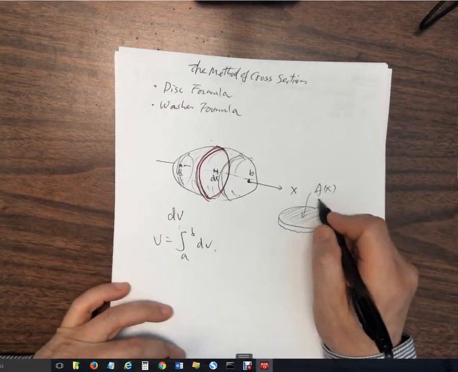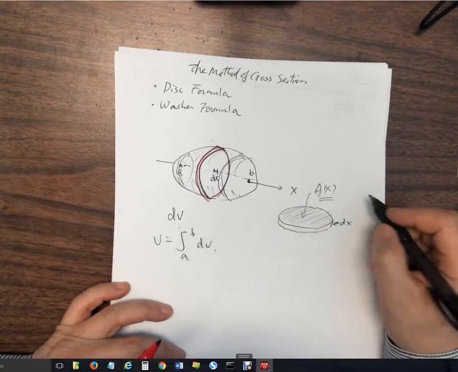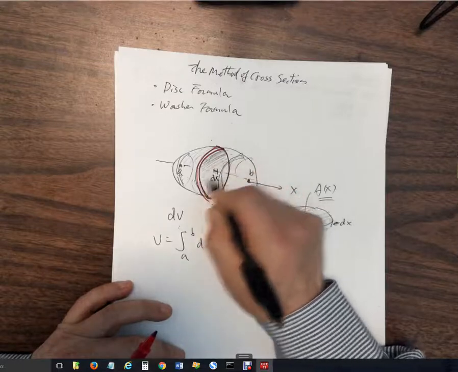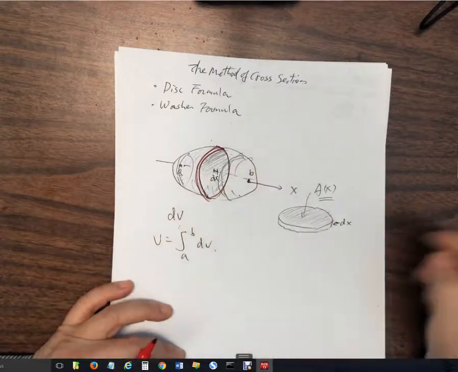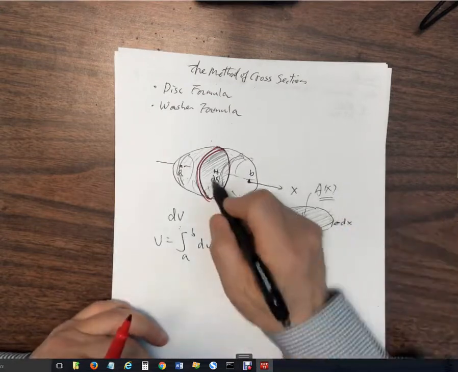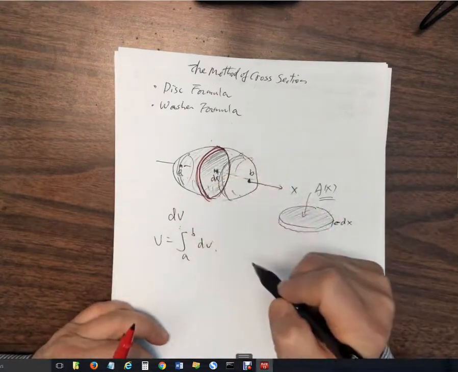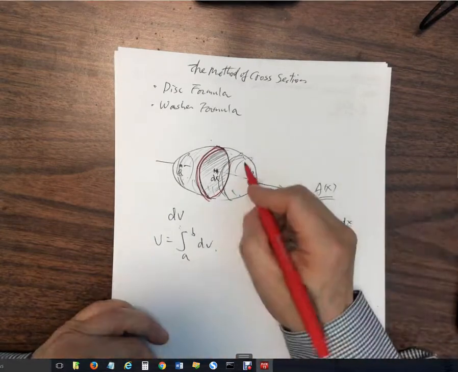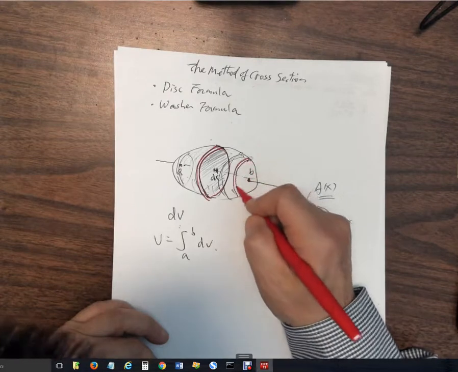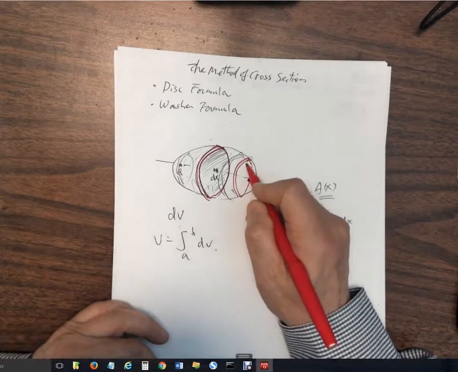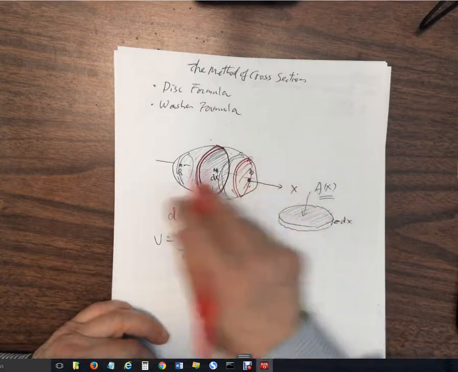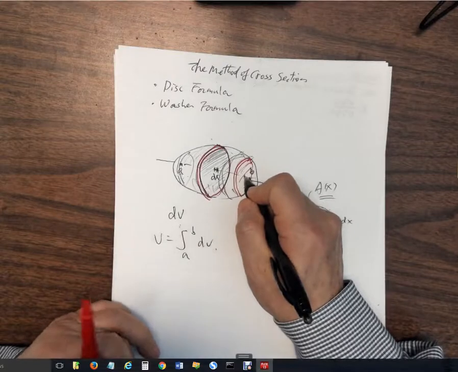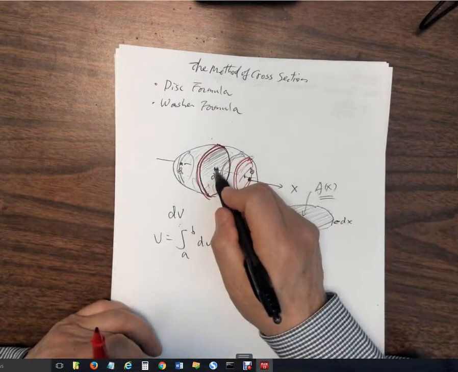So if we find A of x, which would be the same area here. Now this area, as you can see, is a function of the location where we pick up the slice. For example, if a slice is picked up toward this end, it's going to be smaller. It varies, so it's a function of the location, whatever location it is, say x here or x here.